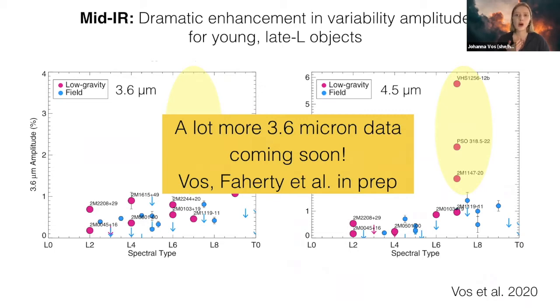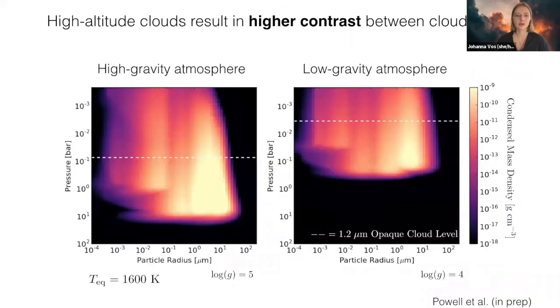And the reason why might lie in the models. Diana Powell is a final year graduate student at UC Santa Cruz, and she's working on models investigating the formation of clouds in low gravity atmospheres. On the left, I'm showing the formation of clouds in a high gravity atmosphere, and on the right, the formation of clouds in a low gravity atmosphere.